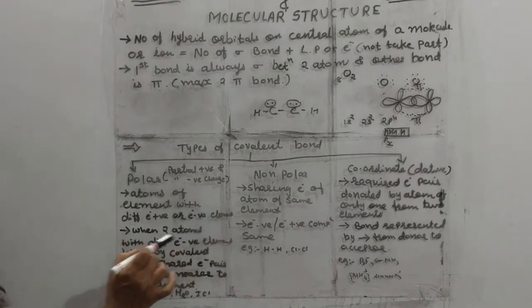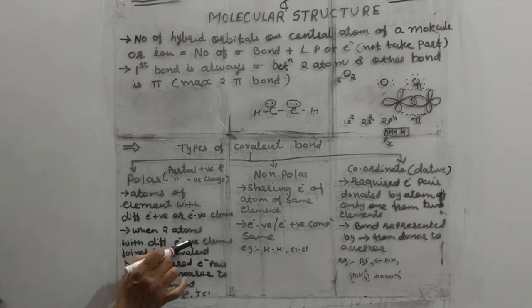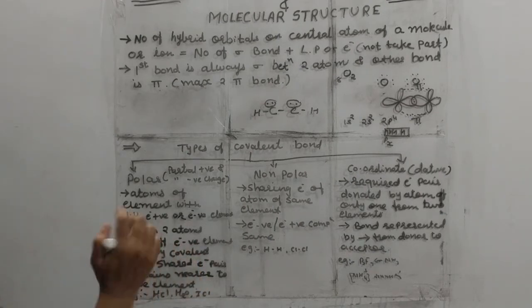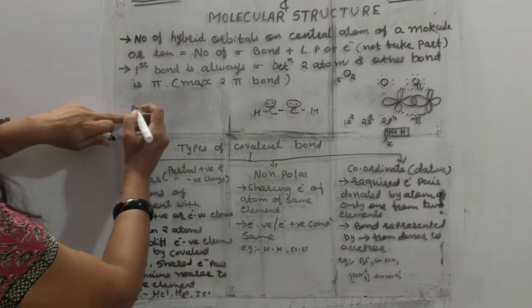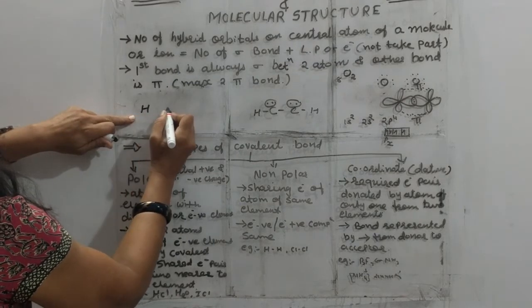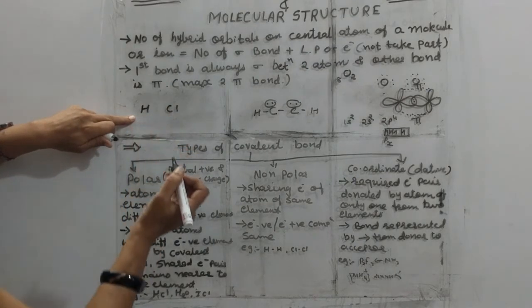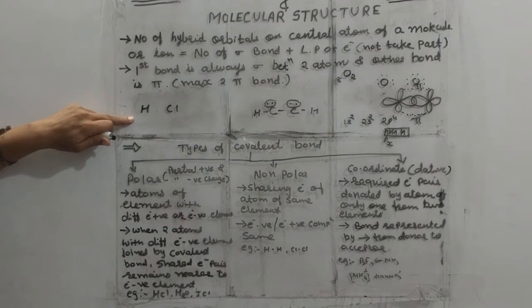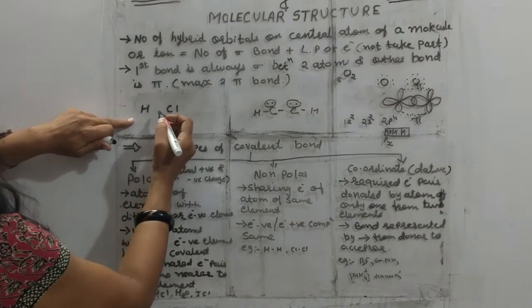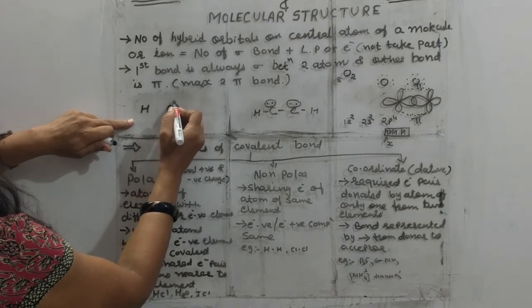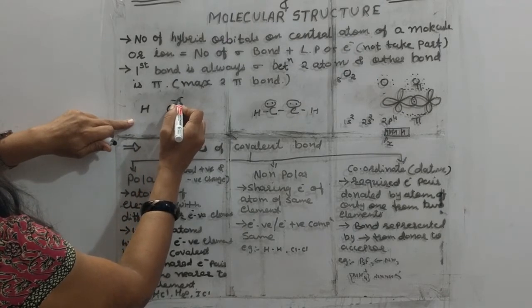So when two atoms with different electronegative elements, both having different electronegativity, means hydrogen and chlorine. Hydrogen requires one electron and chlorine also requires one electron. But as you know, chlorine is more electronegative than hydrogen because it is a halogen group element. So we say that chlorine is more electronegative.